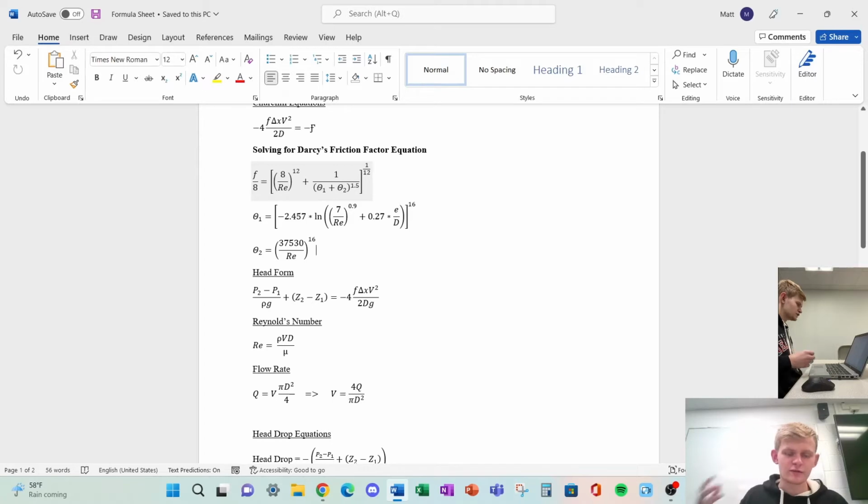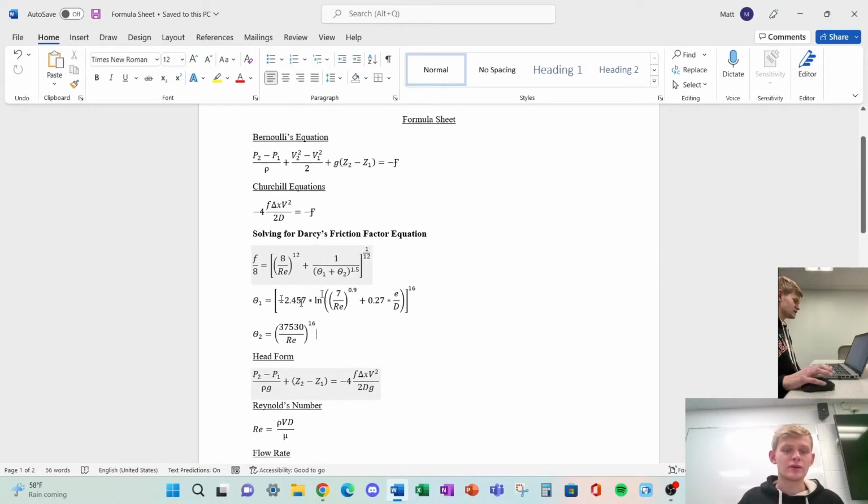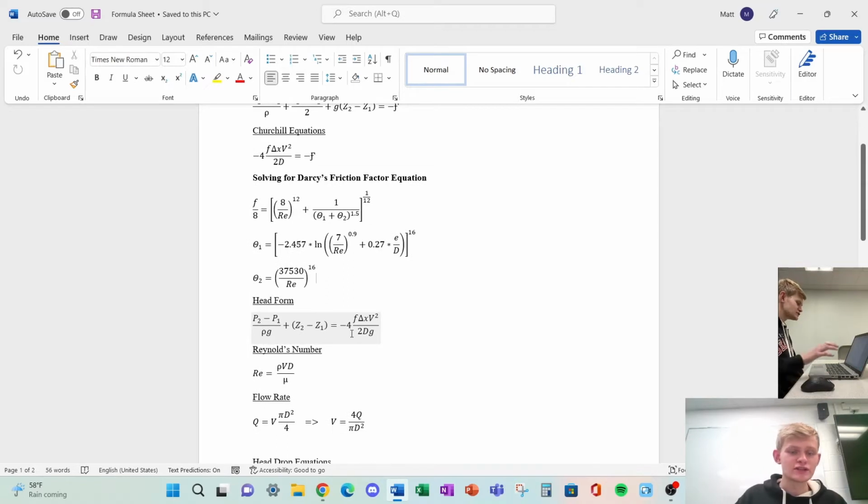The flow is only due to the pressure differences, so we don't need that velocity term in our equation. So that's taken out, and then these two equations are set equal to each other.